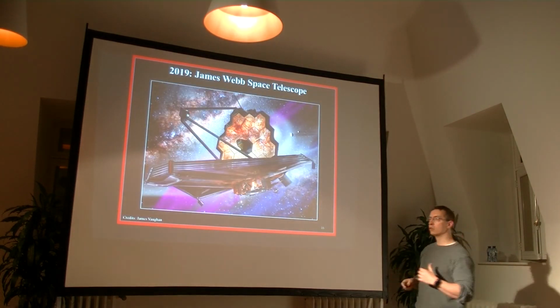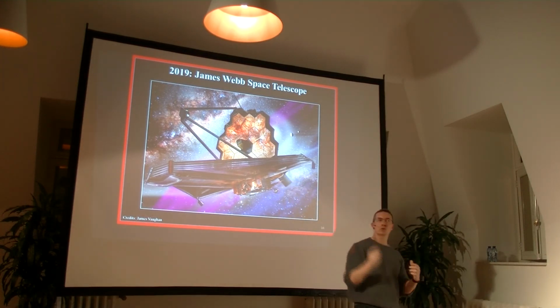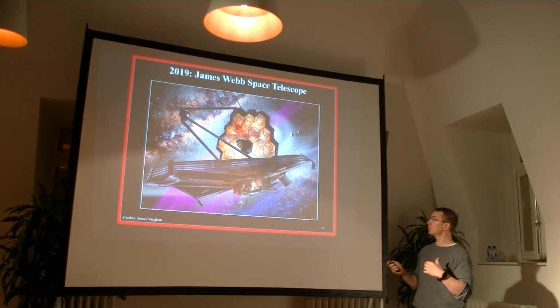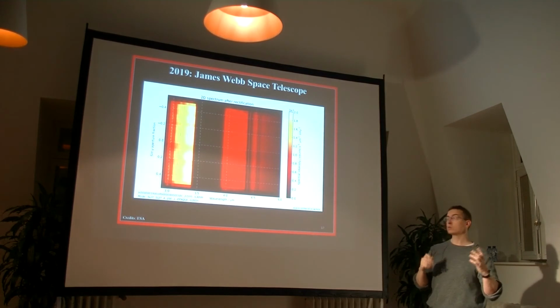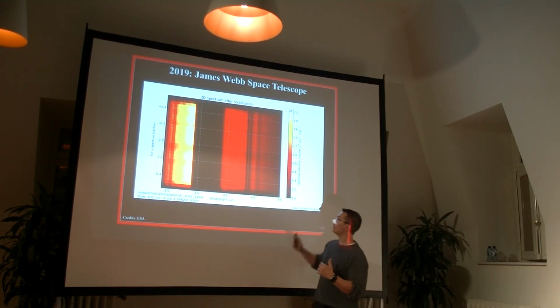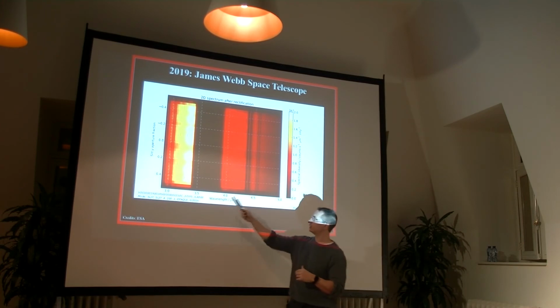And we are all waiting for this giant telescope to be launched next year because it will enable us to study the atmosphere of the TRAPPIST planets. It's called the James Webb Space Telescope. And the data of the James Webb Space Telescope won't be images, but spectra. So you will have a dispersion of light in one direction on the detector as a function of wavelength.